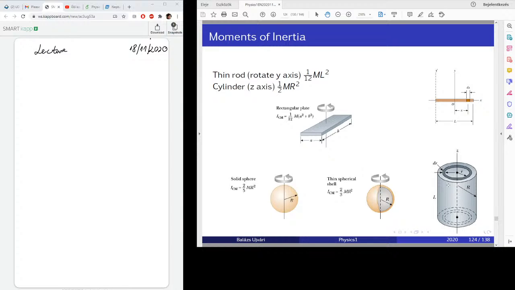The rotational kinetic energy will be like 1/2 times the moment of inertia of this cylinder times omega squared. The moment of inertia is 1/2 mR².